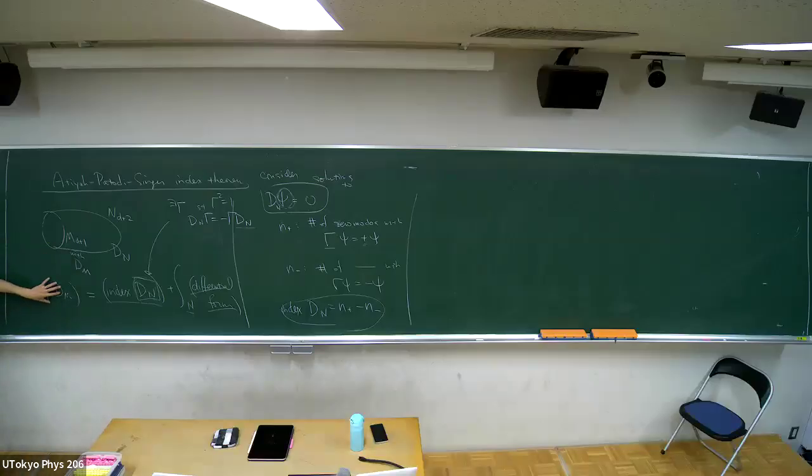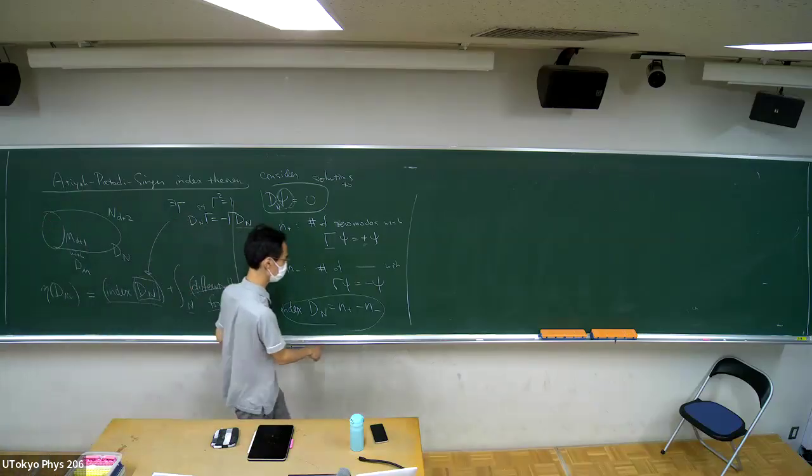That was the original motivation for APS to introduce this. In this lecture series, I introduced eta from a completely different point of view. Eta for us was the phase part of the partition function or effective action of an infinitely massive free fermion. So that's very physical.